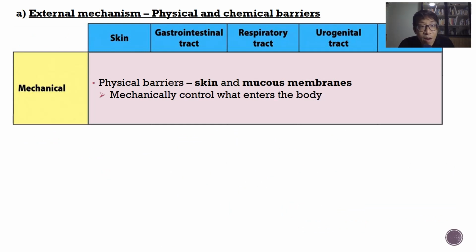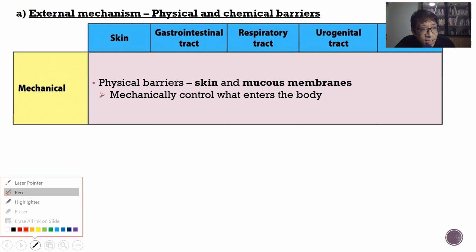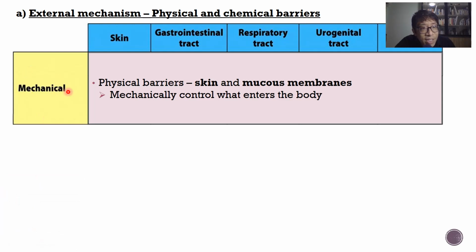Firstly, for the external mechanism, the barriers, we have both physical and chemical barriers. For the physical barrier, it's written as mechanical here, but it's a physical barrier. It involves mostly the skin and the mucous membranes that cover the internal surfaces like our respiratory tract and our gastrointestinal tract. These are inside the body but exposed to the outside.